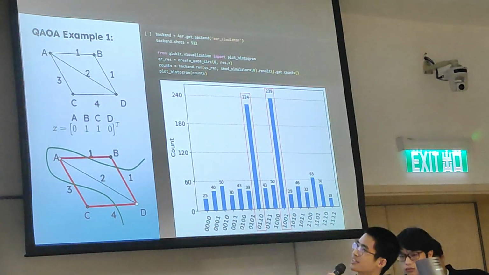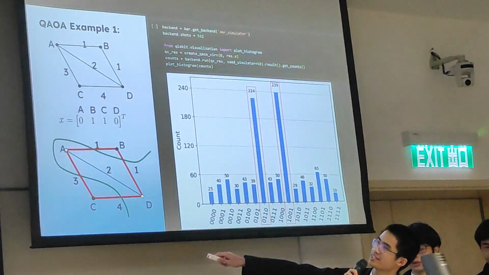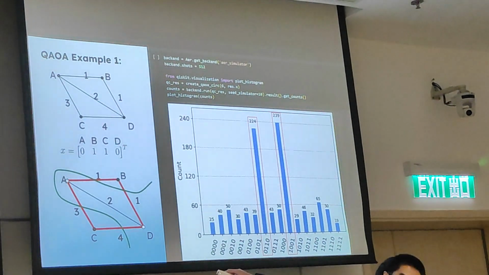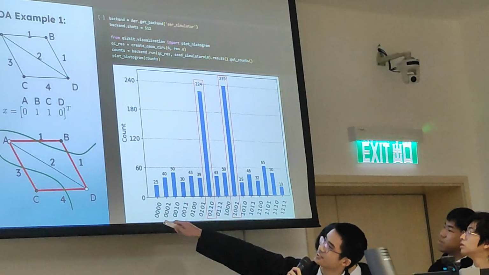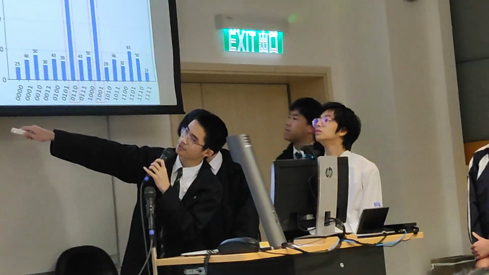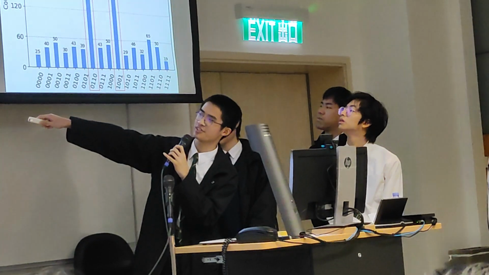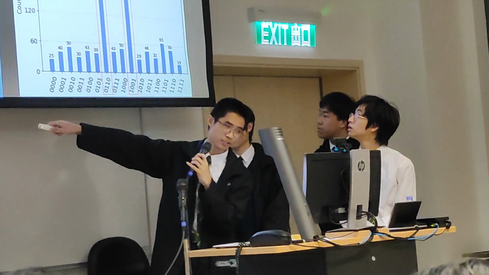Let's look at an example, a weighted example actually. You should have seen this earlier in the presentation. You can see the expected result computed by the classical algorithm is 0, 1, 1, 0, where A and D are in the same group and B and C are in the other one.